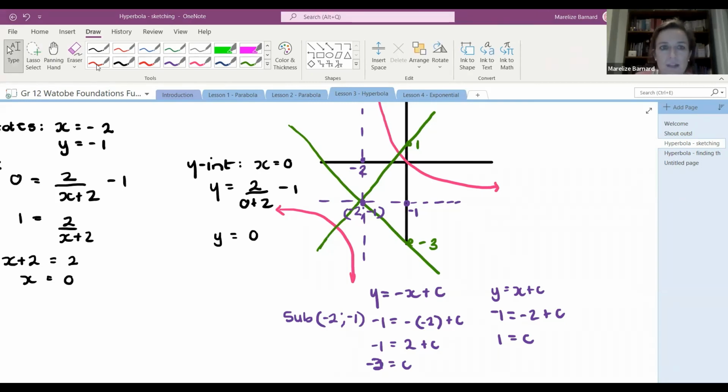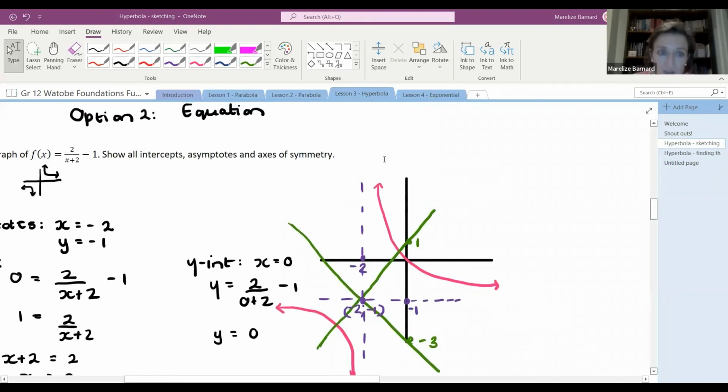Okay, and this one, we look at the equation. Okay, guys, one last time about the asymptotes. We have done a few now, and I have repeated it a few times. So you look at your equation, whatever is going to make your denominator 0, whatever that x is, that is your vertical asymptote.